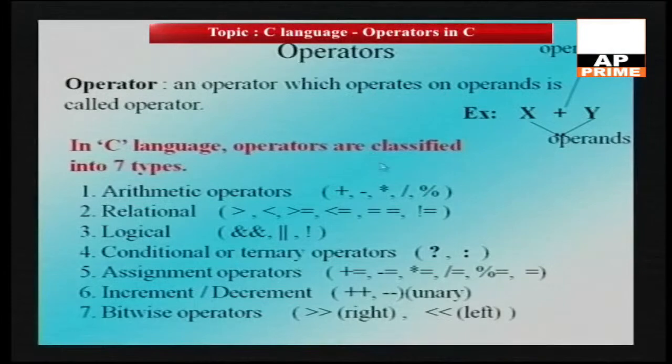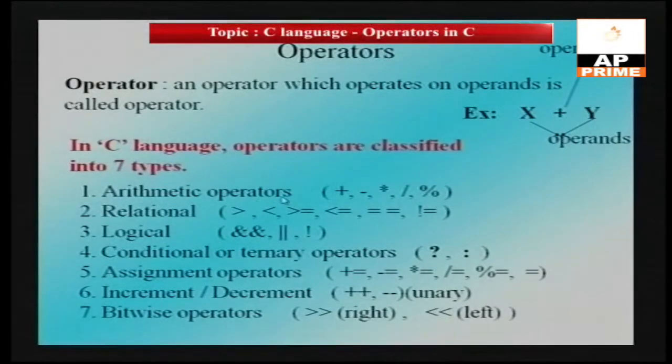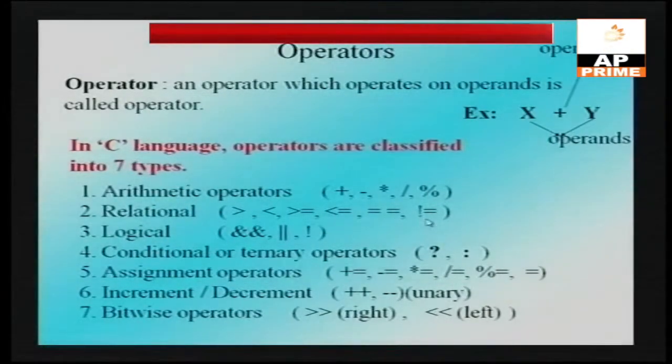Now in the C language, which operators are there? 7 types of operators you have. Arithmetic operators: plus, minus, into, divided by, percentage. Relational operators: greater than, less than, greater than equal, less than equal, double equal, and not equal.